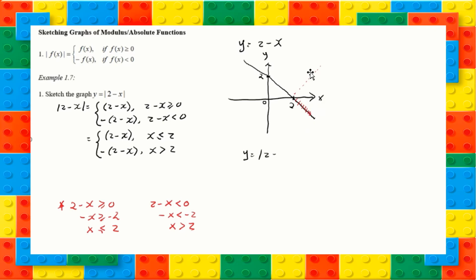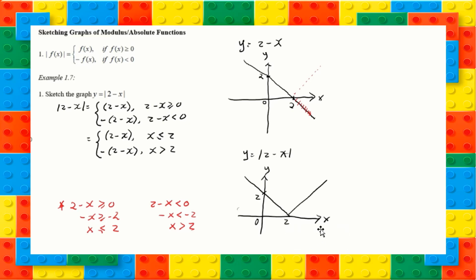So after we reflect the part of the graph below the x-axis up, finally that is the graph of this modulus function y equals modulus of 2 minus x.